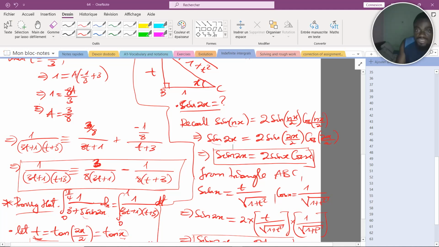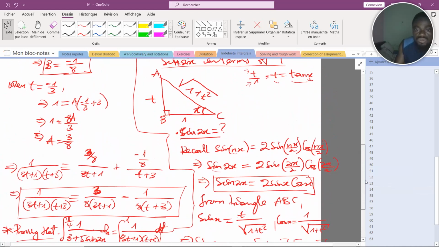So sine 2x will be equal to 2 sine (2x/2) cos (2x/2), which implies sine 2x equals 2 sine x cos x. Now, this sine x and cos x we can find from the triangle because the angle there is x. Is that okay? So we shall proceed in calculating that.